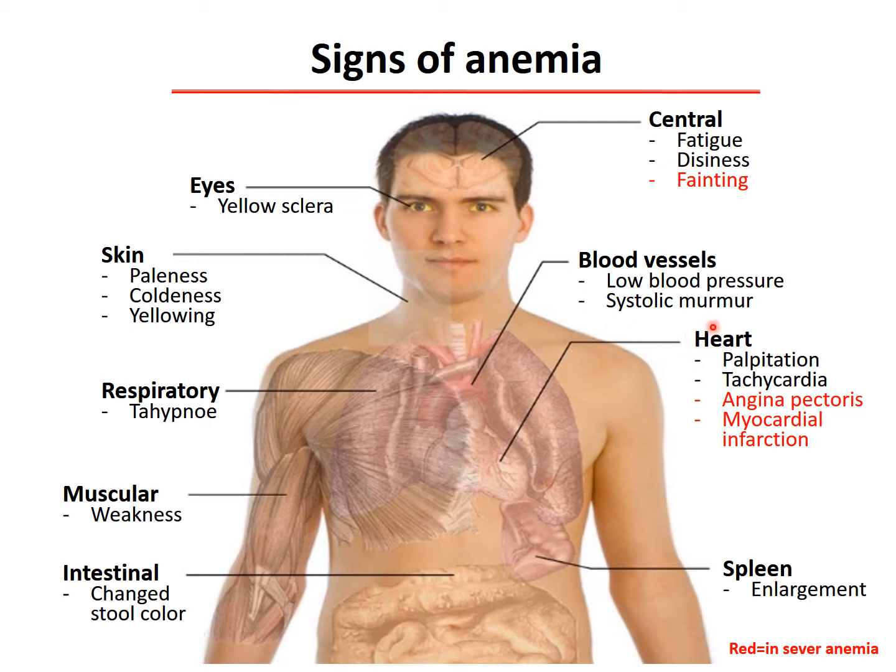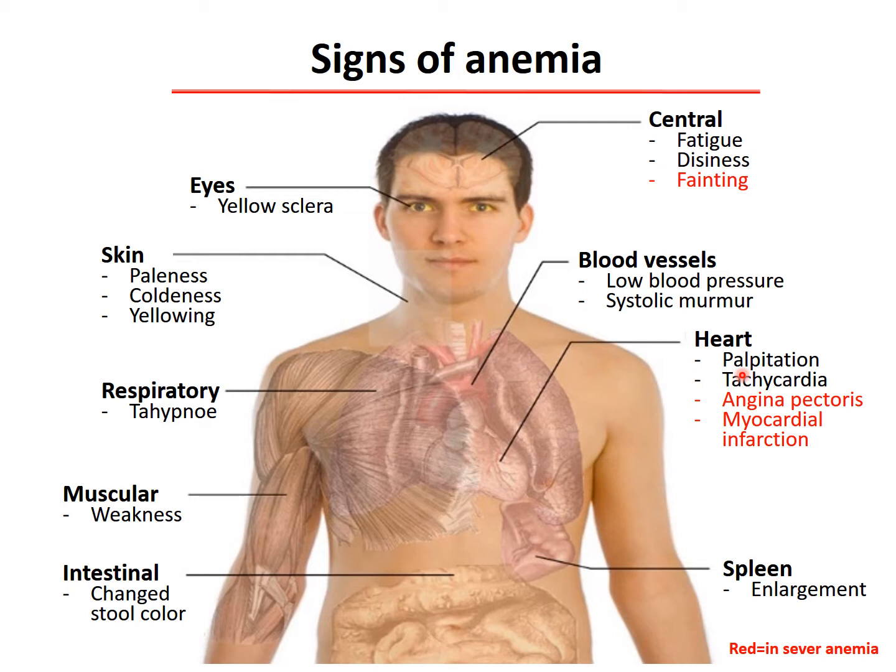Or the heart: due to hypoxia, tachycardia, sympathetic stimulation, palpitation. And in very severe cases, especially when you have a narrowing of the coronary, angina pectoris or myocardial infarction can develop. So a patient who has anemia can die due to myocardial infarction, because the most sensitive organ to hypoxia can be the heart.